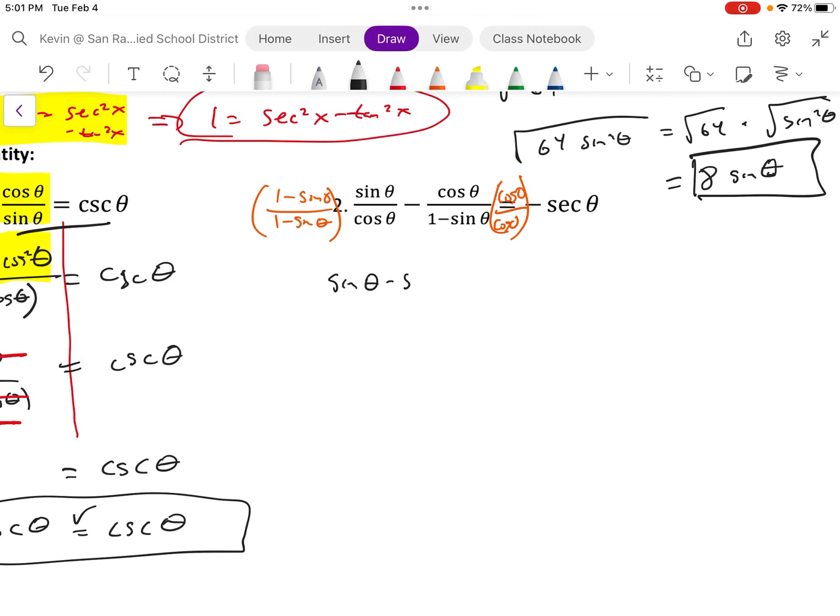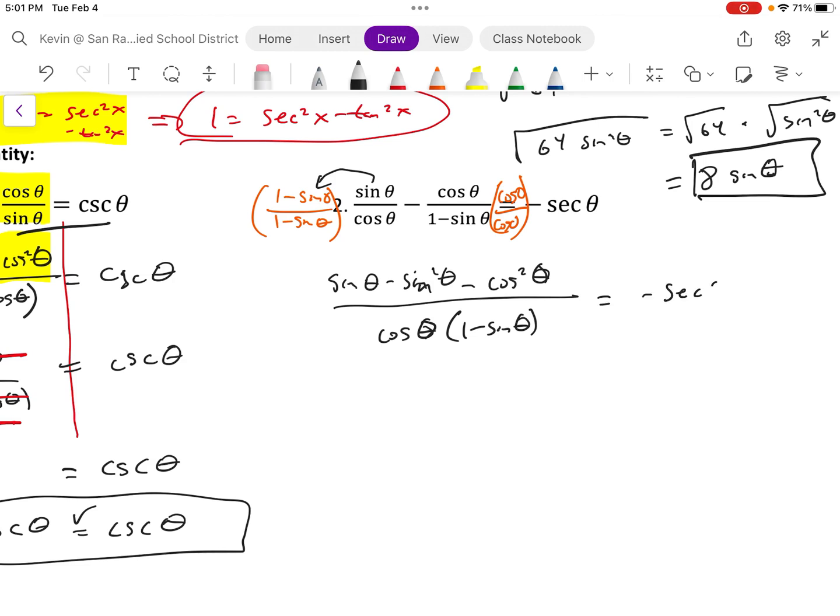So when I do that, I get sine theta minus sine squared theta, that's for multiplying this times that, minus cosine squared theta, all of that over cosine theta times 1 minus sine theta. That's my common denominator. All of that equals negative secant theta.